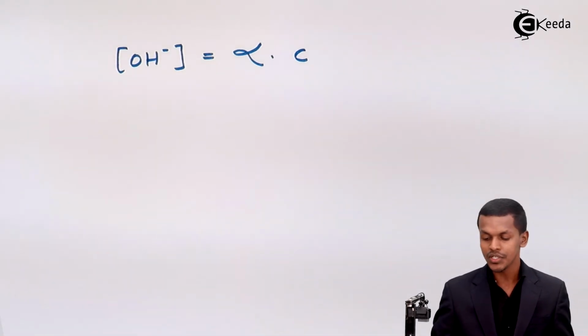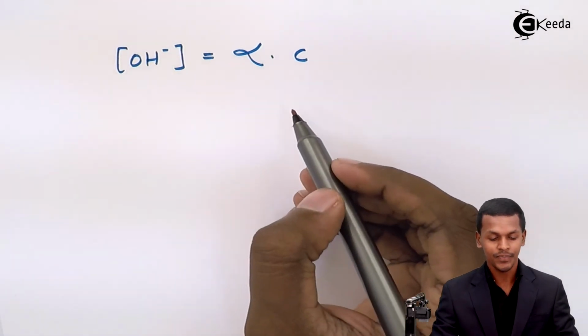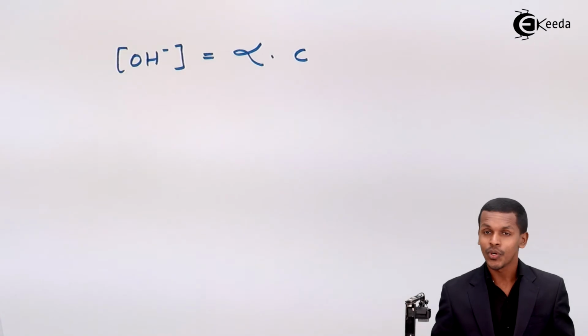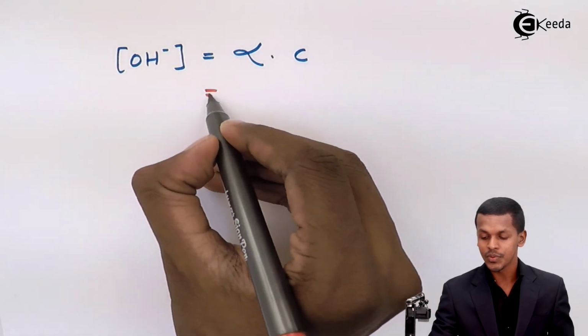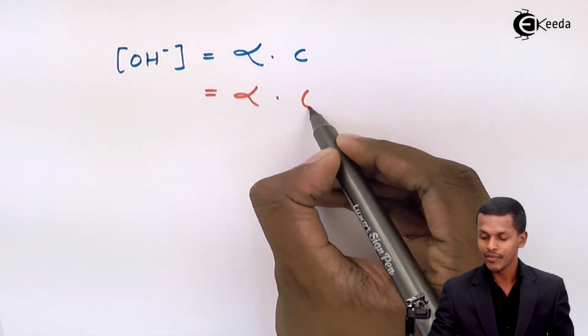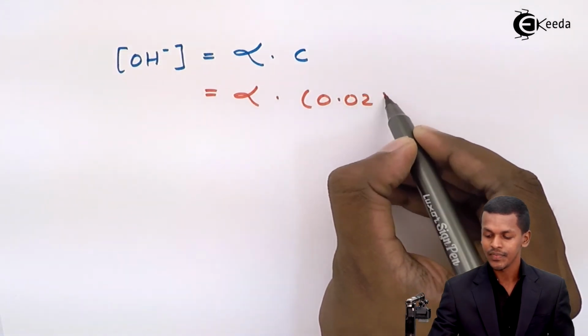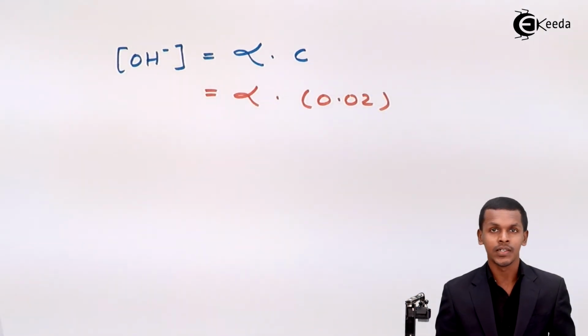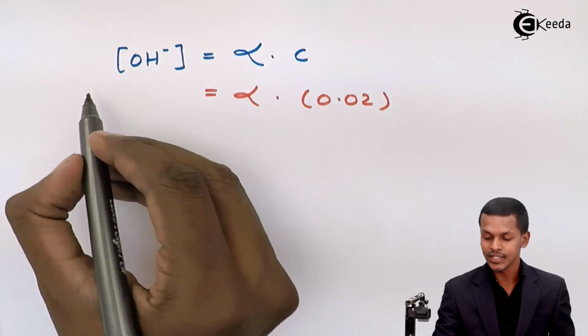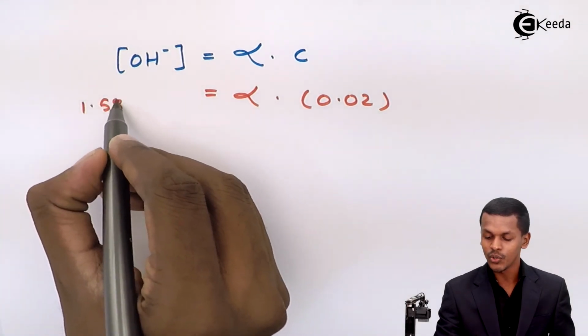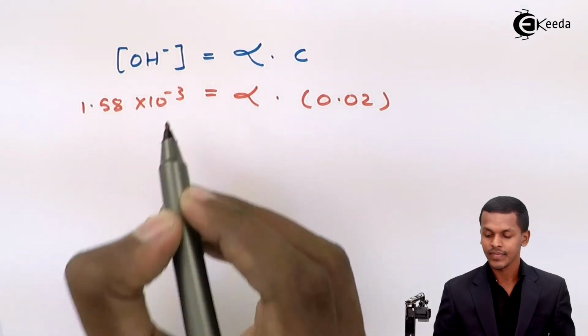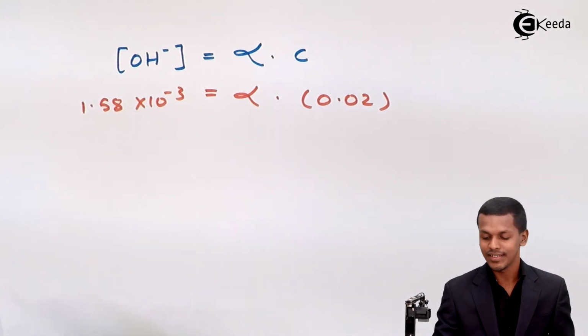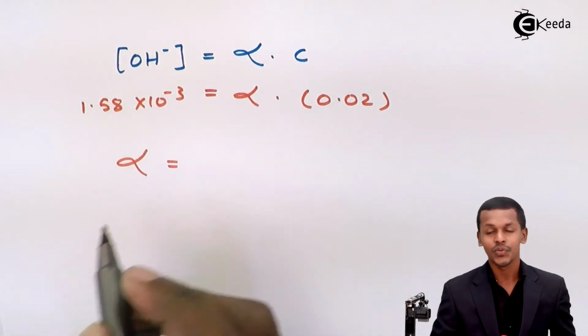We also have the concentration of the overall solution, that is 0.02 molar. So we are going to substitute over here: 0.02 molar, and the OH minus ion concentration was found to be 1.58 into 10 raised to minus 3. Now let us calculate alpha, the degree of dissociation.